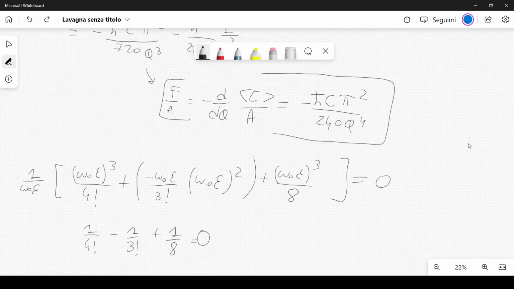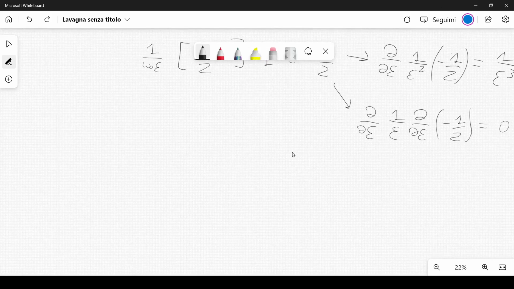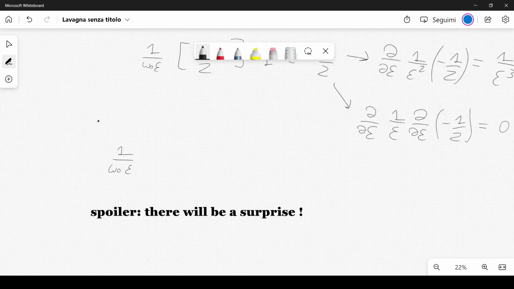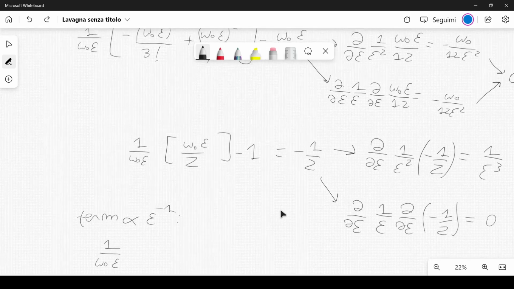Let's see if it gives rise to another divergence. And we don't want that to create any divergence. So this term here, which is proportional to epsilon to the minus 1, should not give rise to any divergence, because otherwise, I mean, you can see that here we have omega 0. So if this term appears, we are in trouble, because it means that the force would be divergent as well.